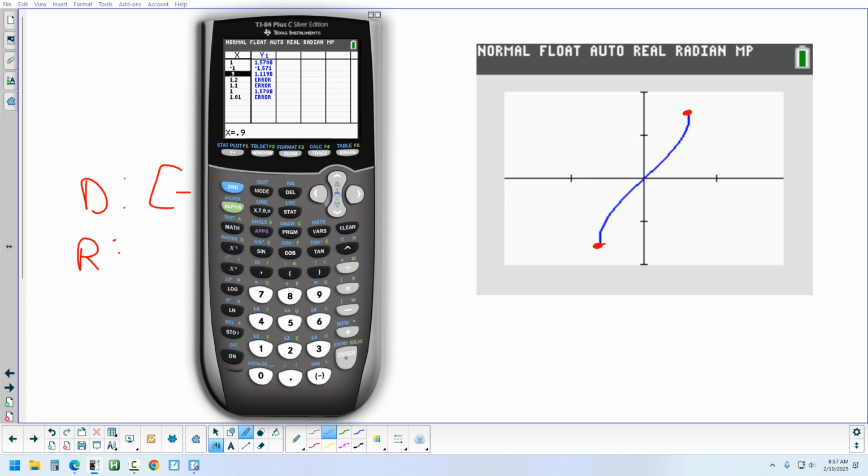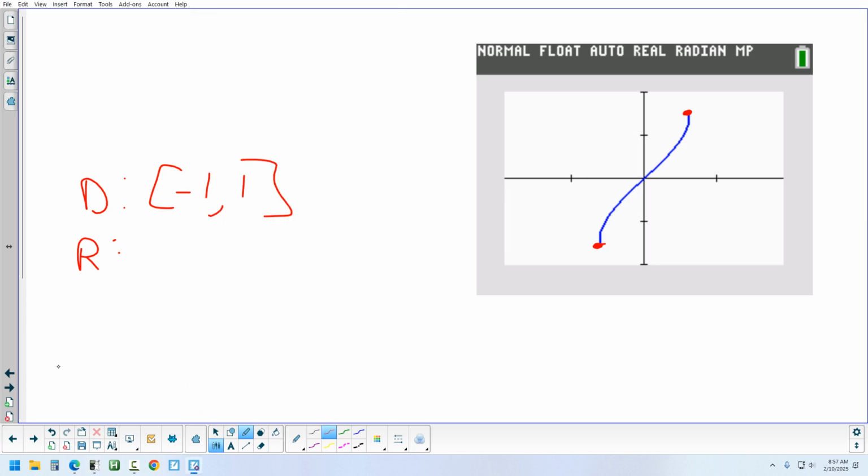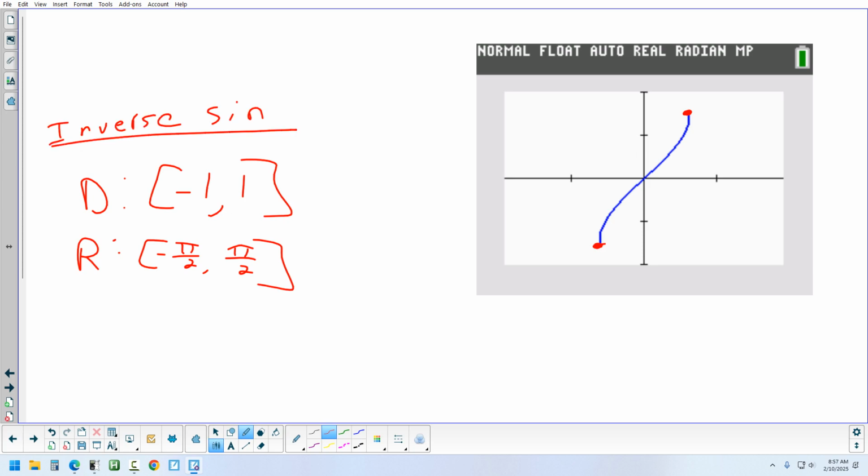So then what's my range in terms of pi? From what to what? Yep. Negative pi over 2 to pi over 2. That is the domain and the range of inverse sine.